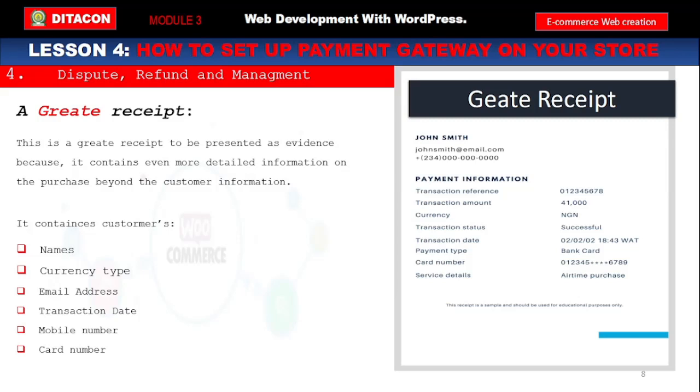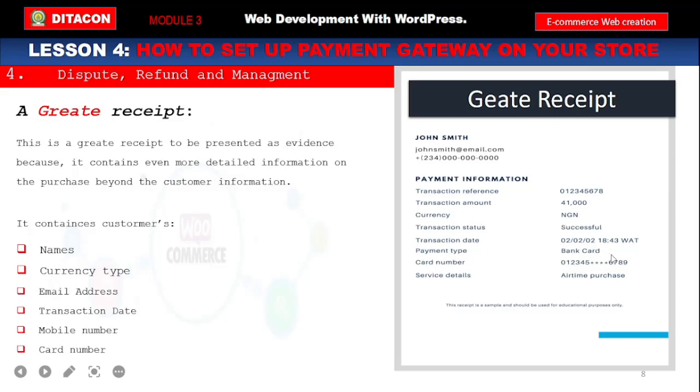But this one is great. Why is it great? Can you see the name now? Great receipt. It is John Smith, John Smith at email.com. Then the phone number follows. So here you can see transaction reference, transaction amount, currency type, that is Naira. Then transaction status, successful. Transaction date is there.